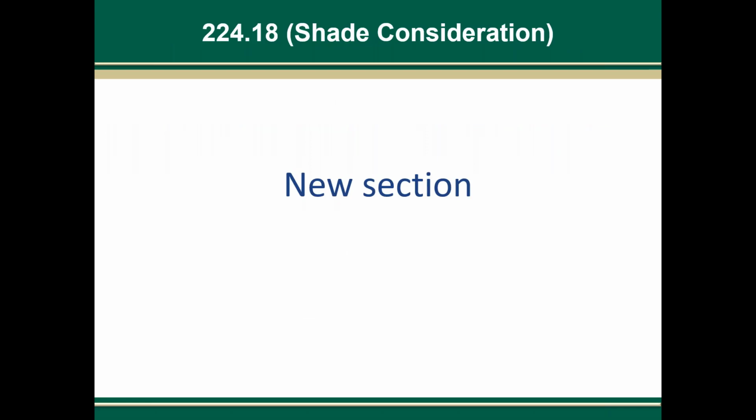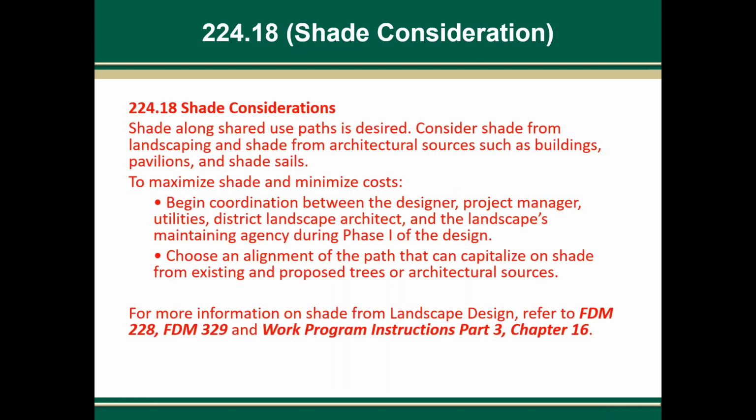We have a whole new section on shade consideration. Section 224.18 shade considerations states shade along shared use paths is desired. Consider shade from landscaping and shade from architectural sources such as buildings, pavilions, and shade sails. To maximize shade and minimize costs, begin coordination between the designer, project manager, utilities, district landscape architect, and the landscape's maintaining agency during phase 1 of the design.